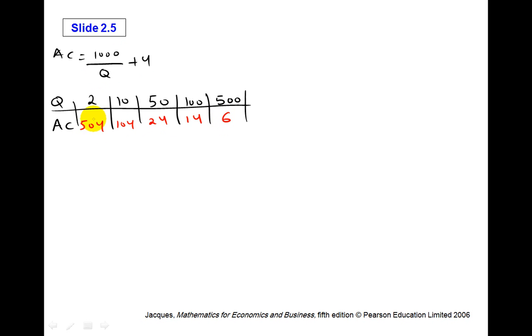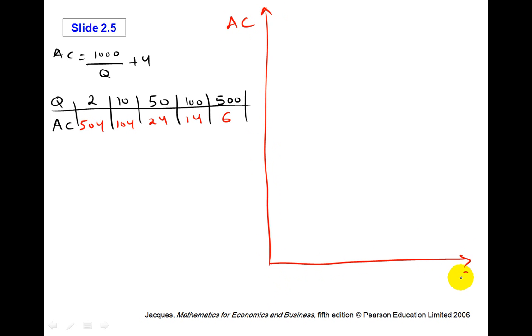So you're going to sketch your graph based on this data or based on this formula here. So this will be my graph. This is the AC and this would be the Q. So instead of Q, I plugged in 2, 10, 50, 100, and here let's say 500.